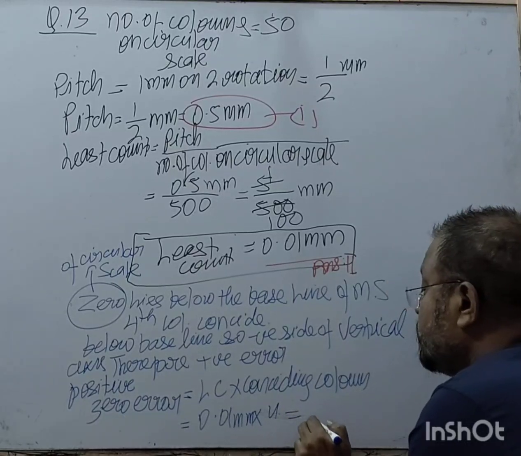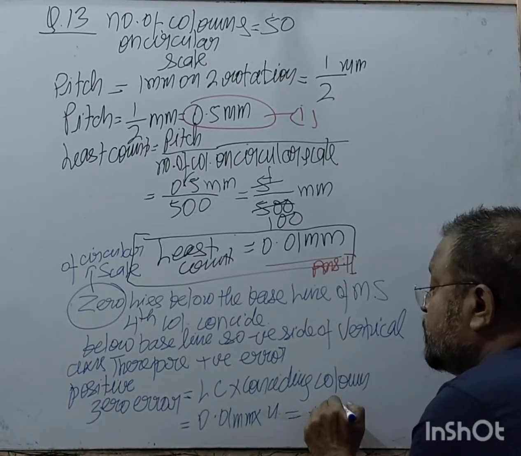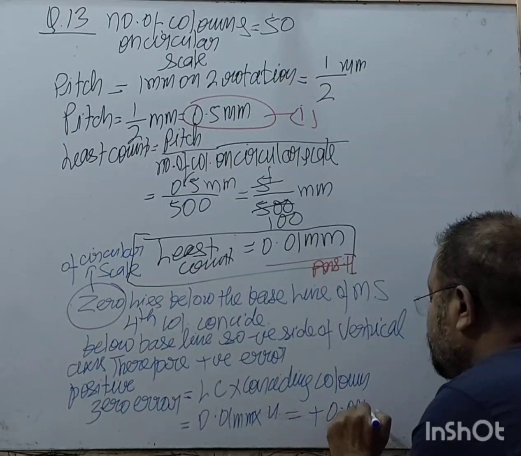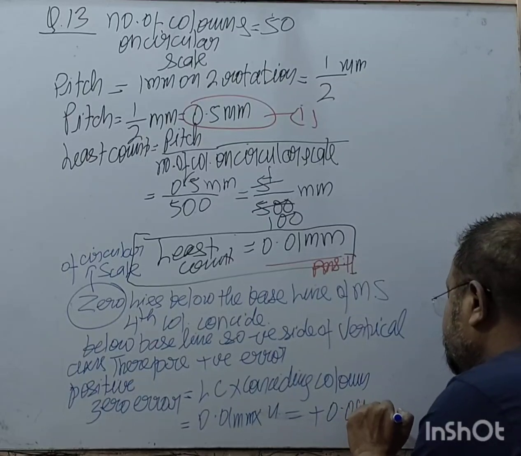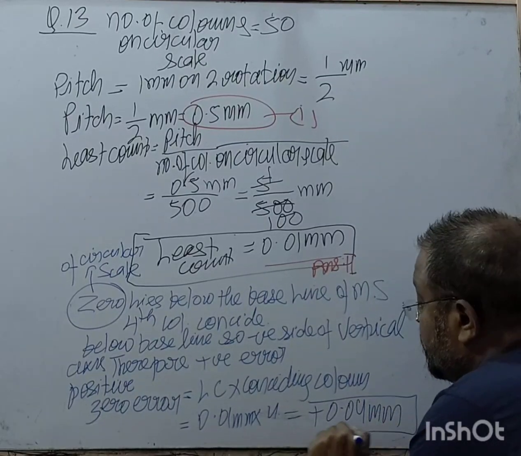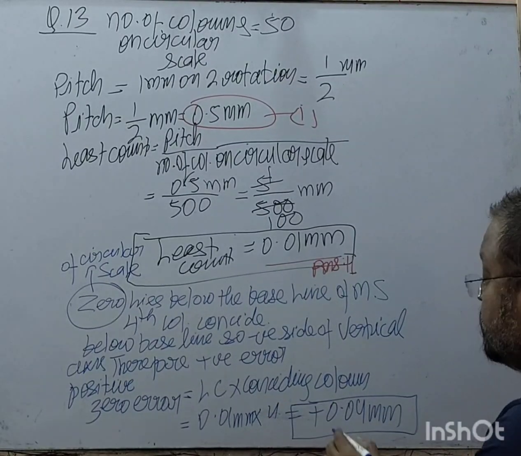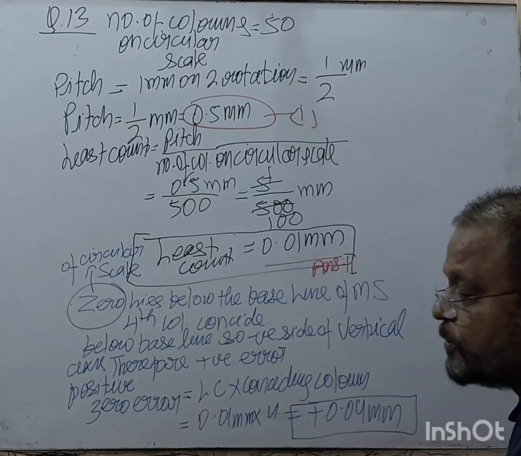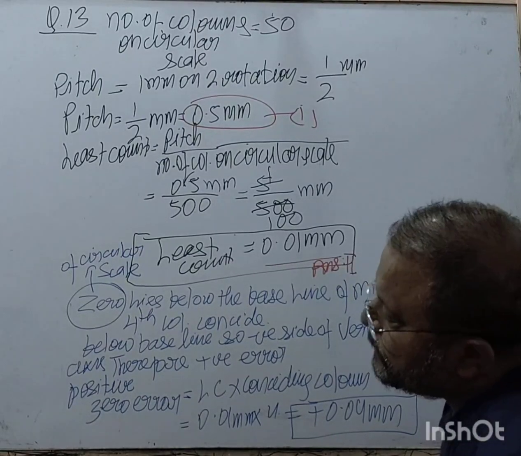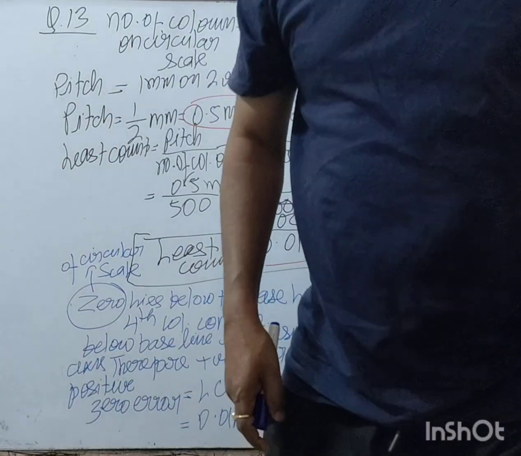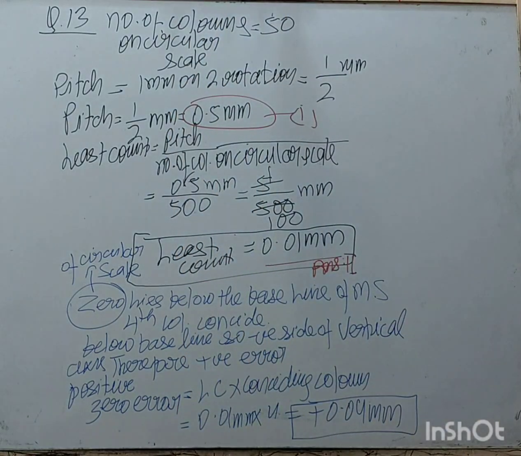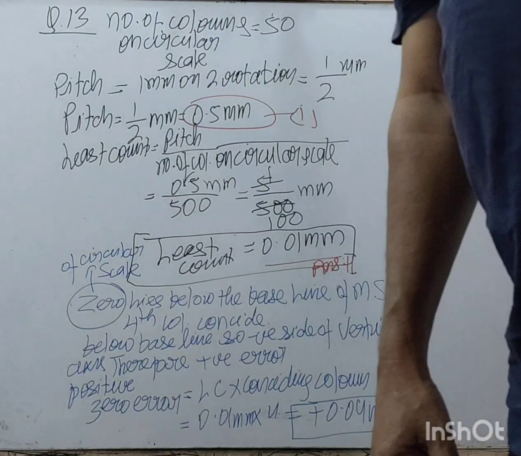So therefore plus 0.04 millimeter is the zero error. What is your answer? Plus 0.04 millimeter, positive zero error. This we have. Right? This was question number 13. Yes, sir. Okay.